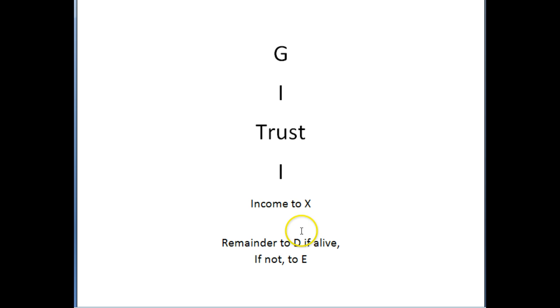And at D's death, with X alive, D has nothing to give away. So there would be nothing in this situation for D to include.